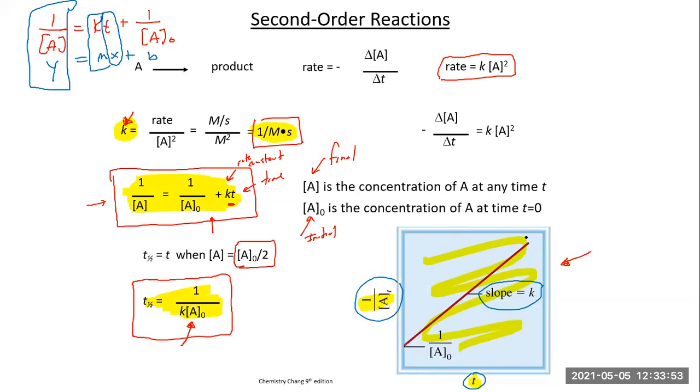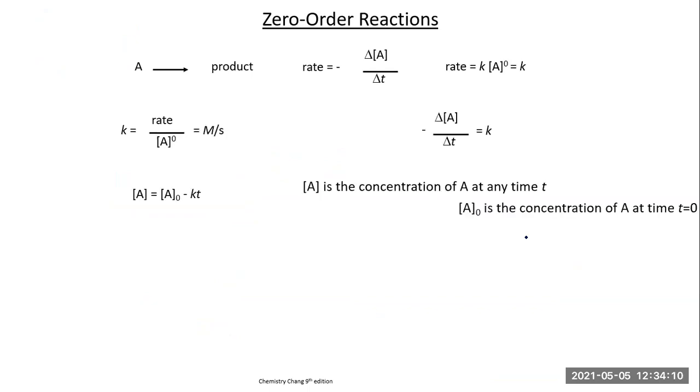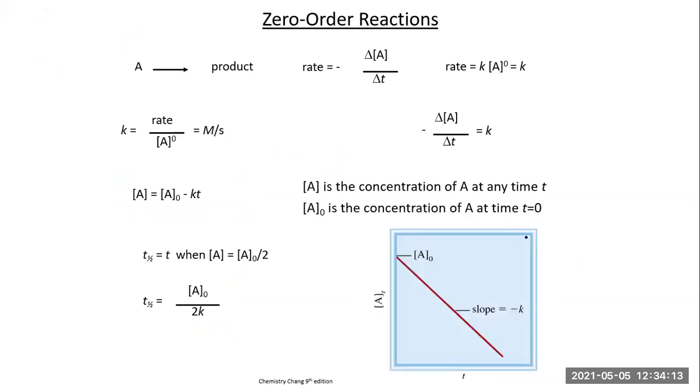All right, the last type of reaction that we deal with, and like I said, it really is based on the idea of how many reactants are actually reacting in typical reactions, is a zero order reaction. In a zero order reaction, you basically get it when the order of your reactant is equal to zero.